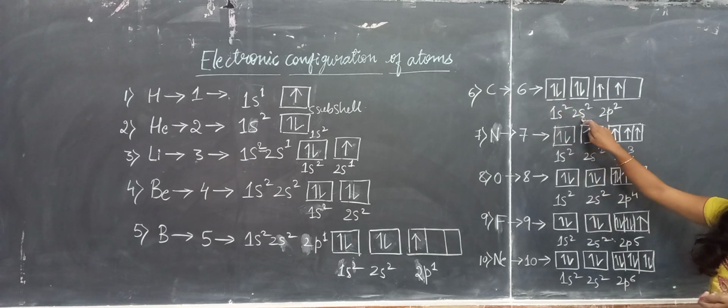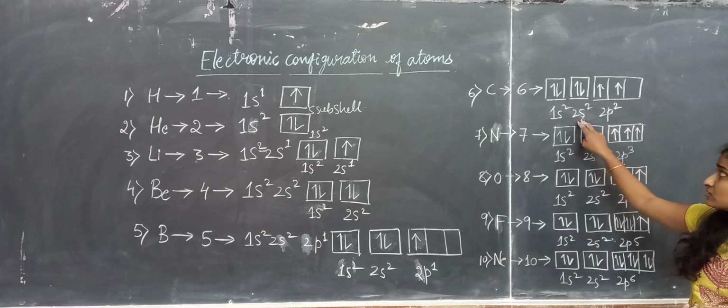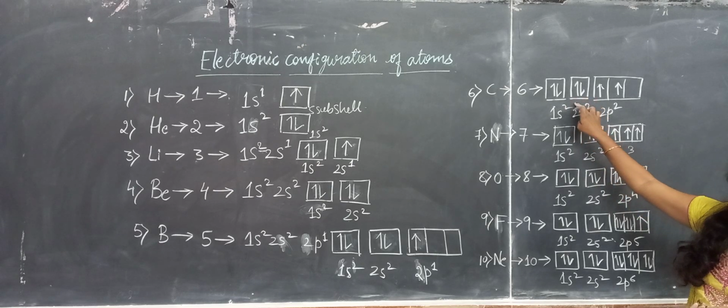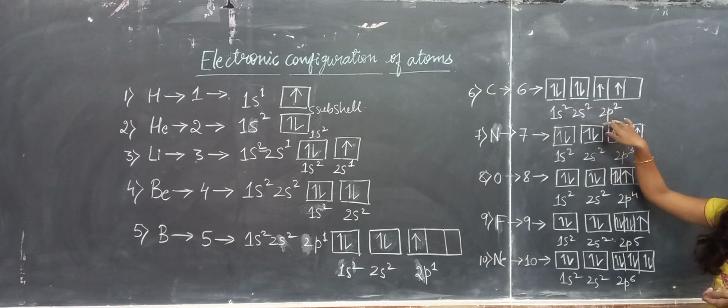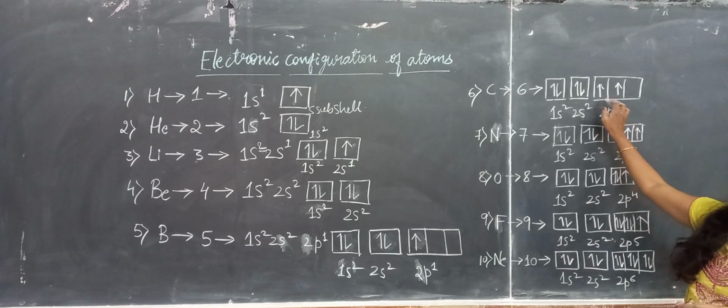In the 2s orbital again we have 2 electrons, and both enter the same orbital with opposite spin. For the 2p orbital, we have 2 electrons, which will enter into the 2px and 2py orbitals.